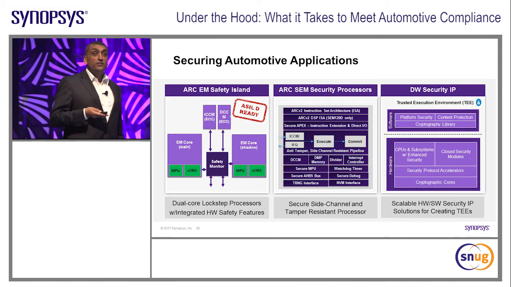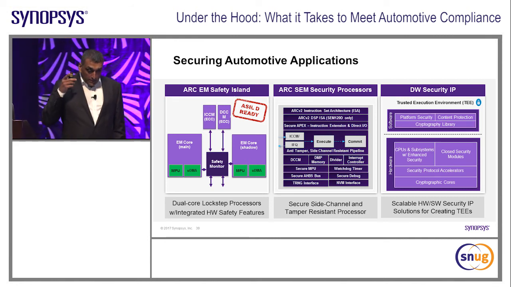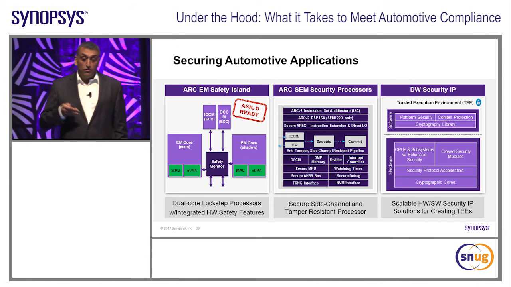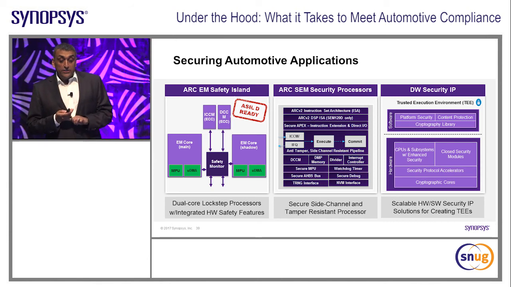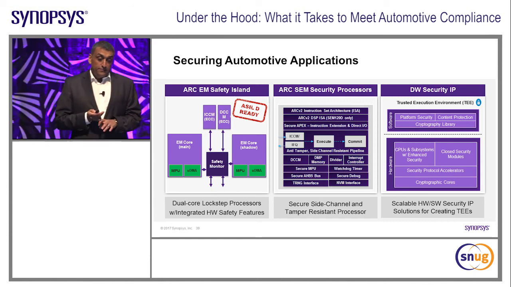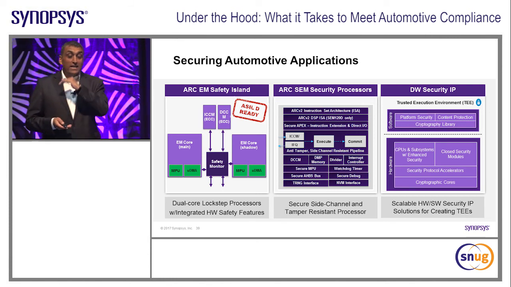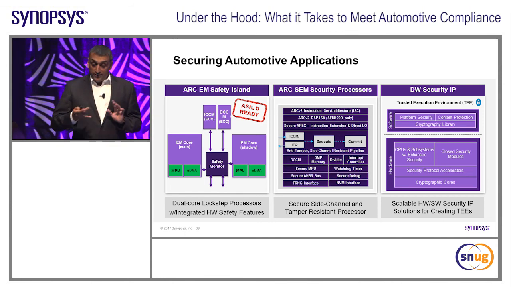Right at the beginning, I touched on our processor technology ARC, and also a little bit about security. I'm combining the two here. So in order to meet ASIL D, I mentioned that it's the highest ranking in terms of a safety level, you add a lot of redundancy.